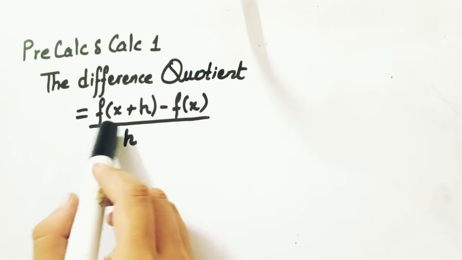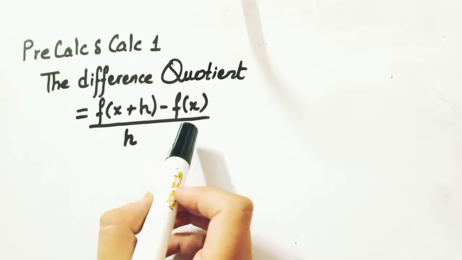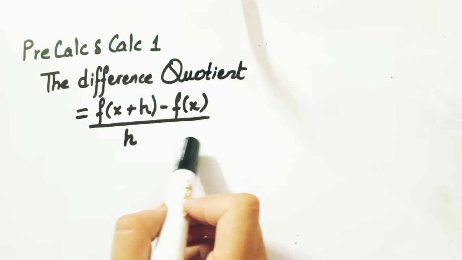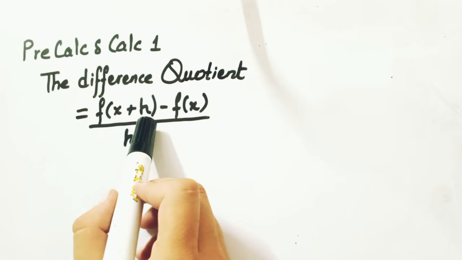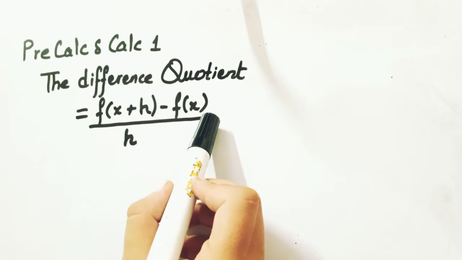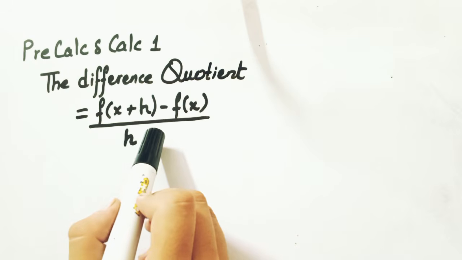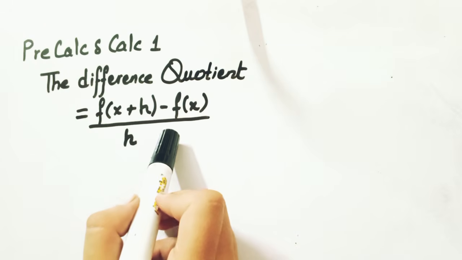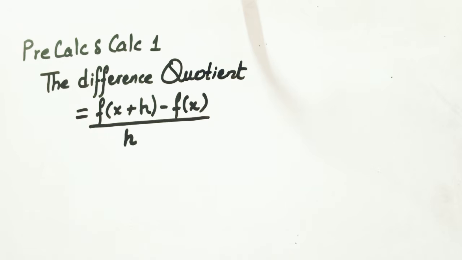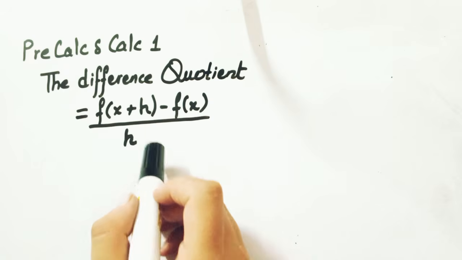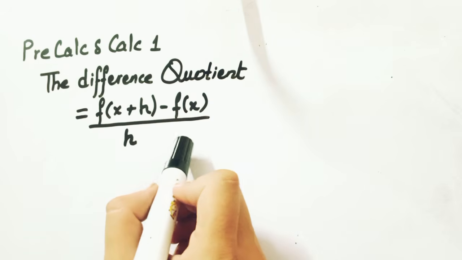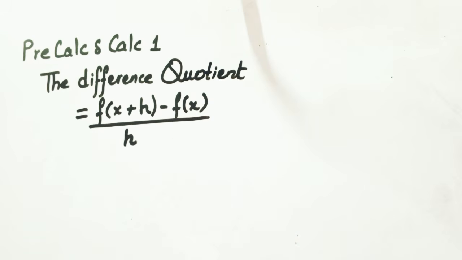Students look at f of x plus h and immediately make the fatal mistake of just adding plus h to the end of the function. This gets you an automatic 0 on your exam. Today I am going to show you how you can solve this and cancel out the troublesome h in the denominator every single time.